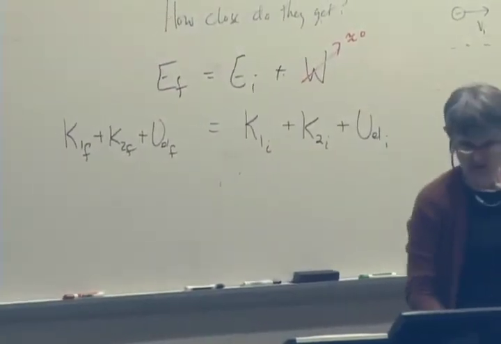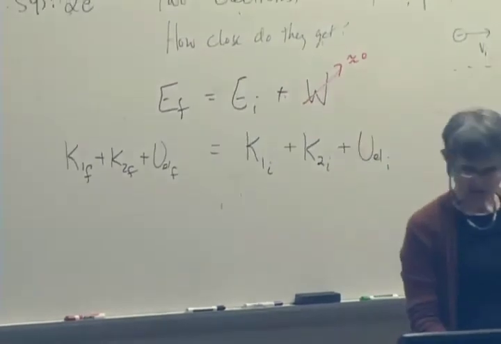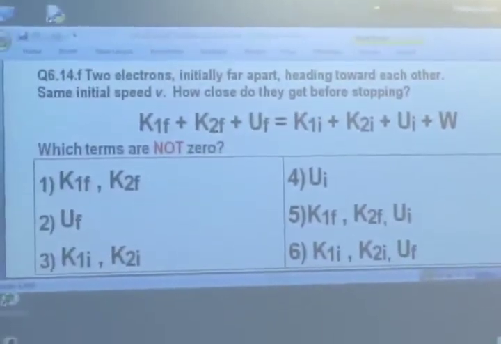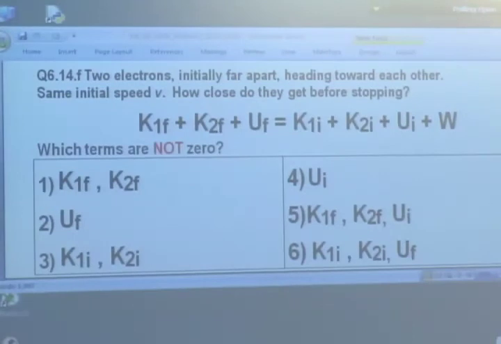Okay. So what's the next step? We want to identify all the terms that are 0. So in this case, which ones do we have to keep? Which ones are not 0? Yeah. Oh, okay, that's a good question. The question is, because it's an elementary particle, a small particle that could actually be speeded up till it's going close to the speed of light, would you need to use the relativistically correct form of kinetic energy?